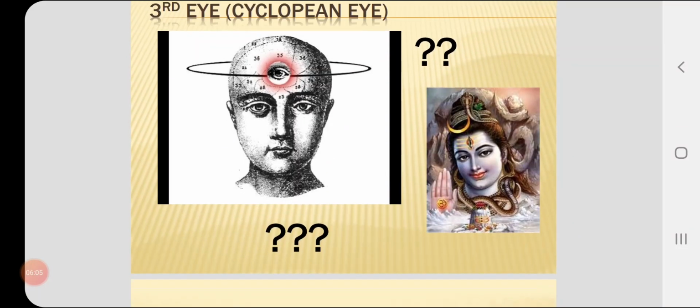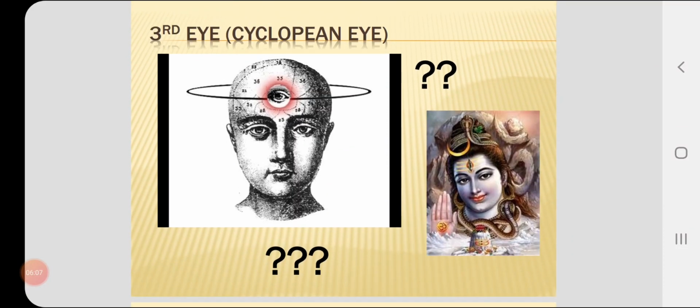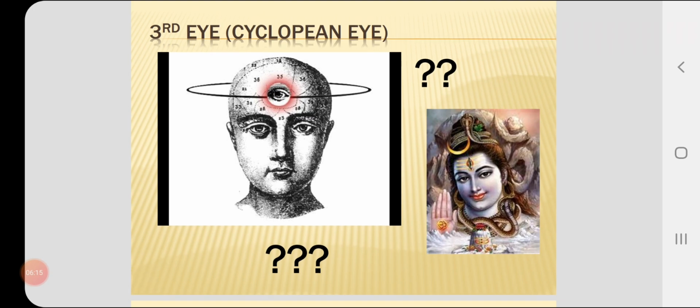Now let's talk about the third eye or cyclopean eye. What is a cyclopean eye? Do we really have a cyclopean eye, or only gods have? Yes, we do have a third eye. It's nothing but an imaginary eye, which is a combination of our right eye and left eye together.